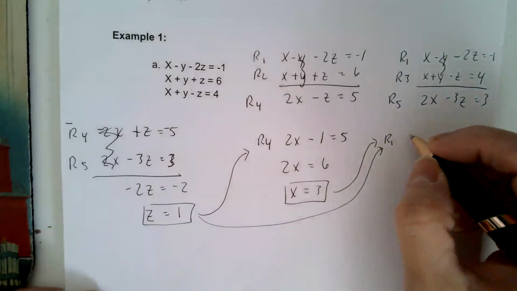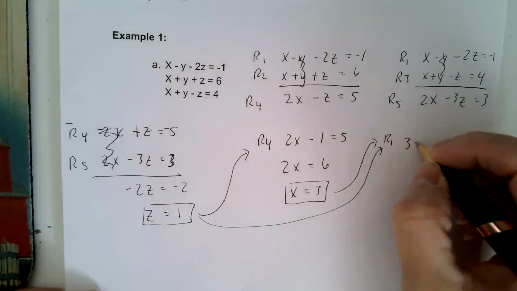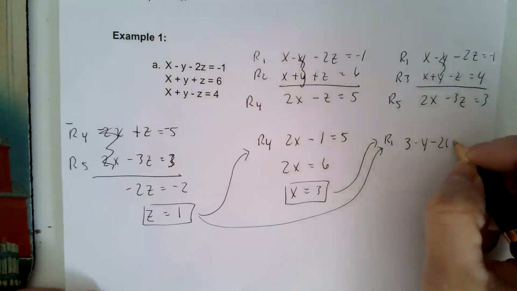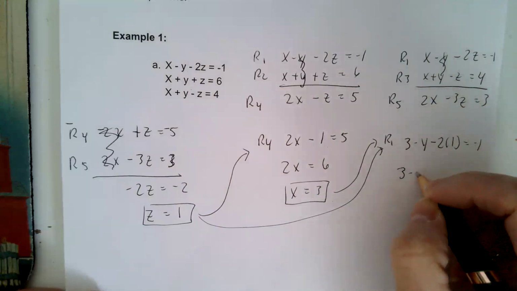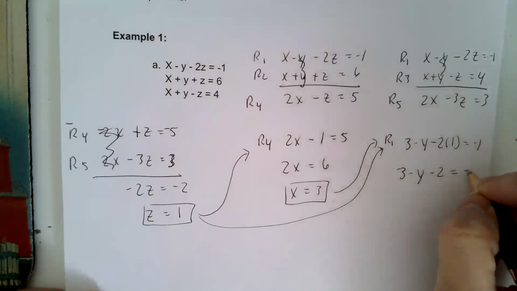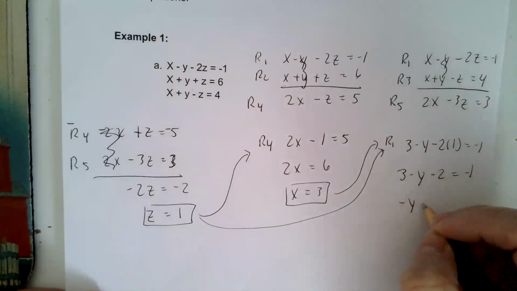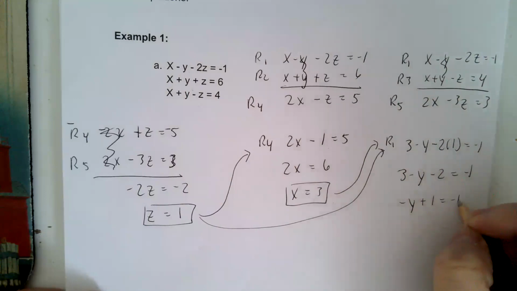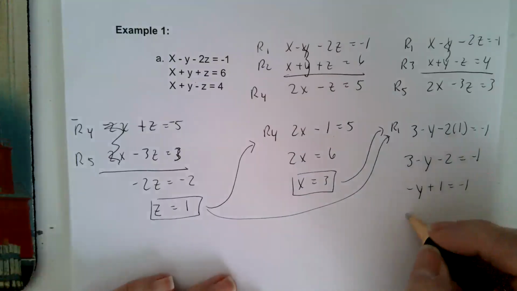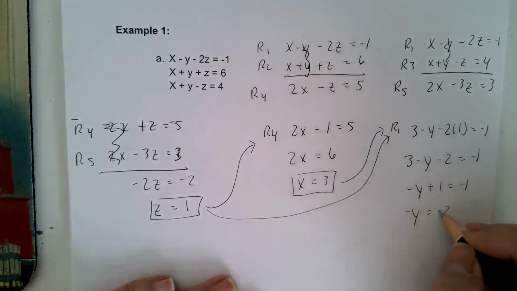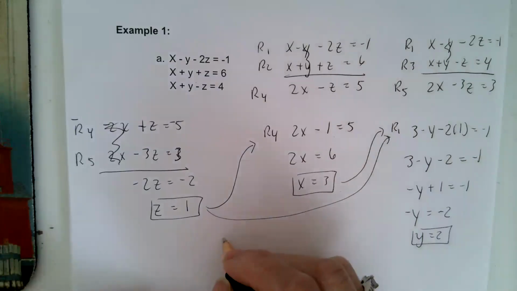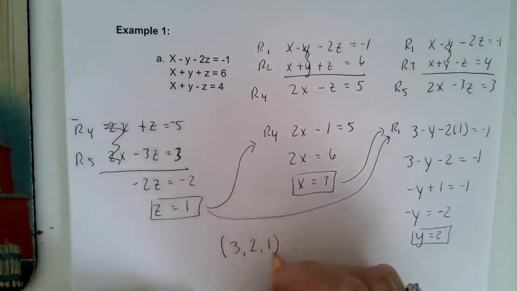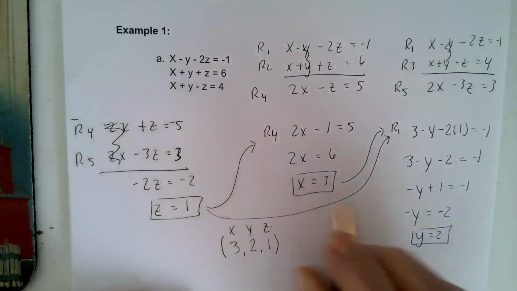So 3 minus y minus 2 times 1 equals negative 1. So 3 minus y minus 2 equals negative 1. Minus y plus 1 equals negative 1. Subtracting 1 gives negative 2, and taking the opposite, y equals 2. So my ordered triple is 3, 2, 1 for x, y, and z.